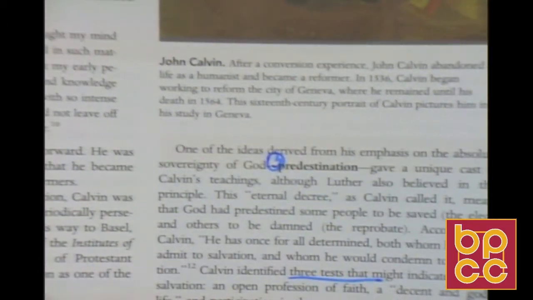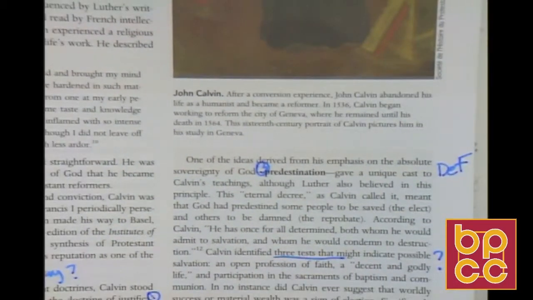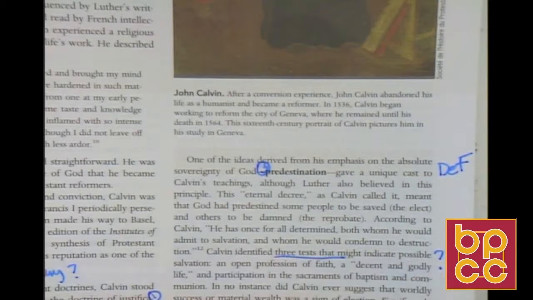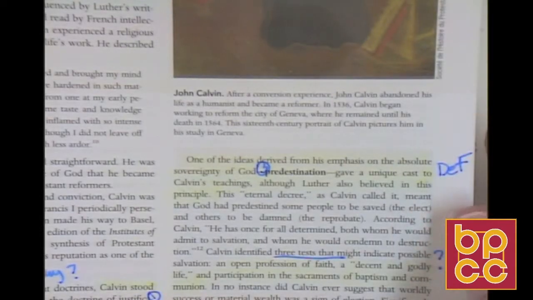He's got 3 tests. So I've put a question mark by the side, wondering what these 3 tests of Calvin are. So after my preview and I'm ready to go back and read through my chapter, I take my highlighter and I'm going to highlight those pages.